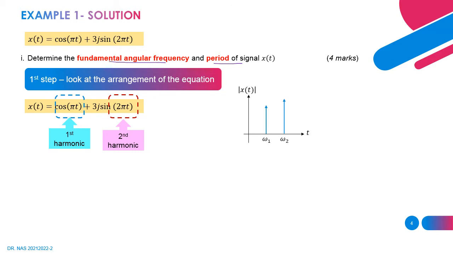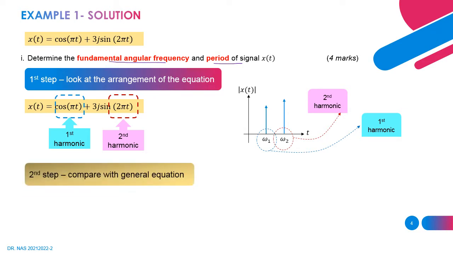The same goes for when you have a graph, a single-sided spectrum for a trigonometric equation. So the first signal represents the first harmonic, and the second one represents the second harmonic.